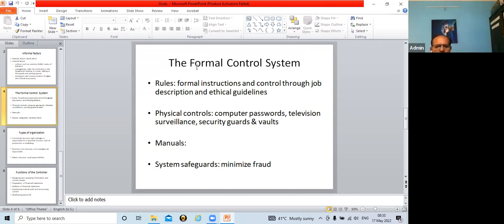So to avoid or minimize loss, the company should prepare a detailed manual and give it along with the machine, so that from day one the customer is aware of how to operate that machine. This way the company minimizes its losses. So this is also a formal control system to minimize loss.